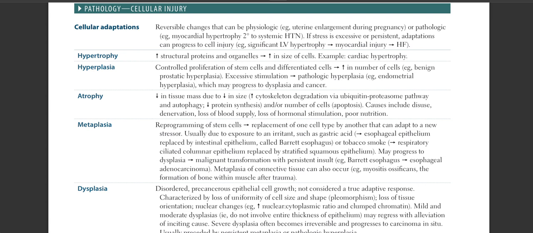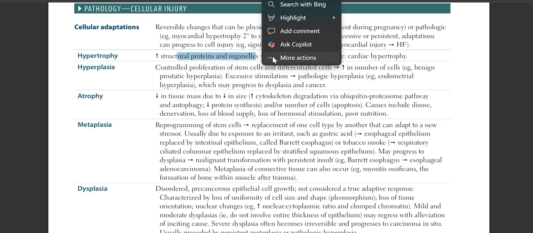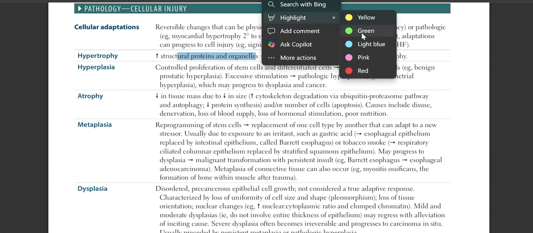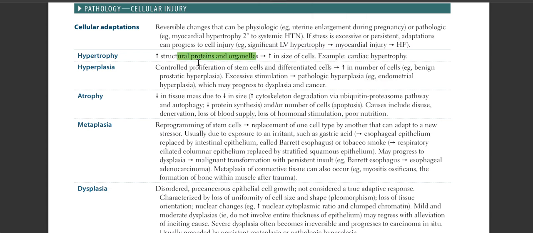All of these things give you proteins and organelles, because proteins make up the cell membrane and the associated proteins within the cell, and the organelles, because to have sufficient function and to keep the cell alive, you need more organelles now that it's a bigger cell.